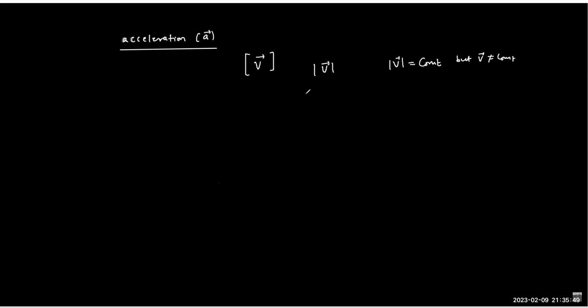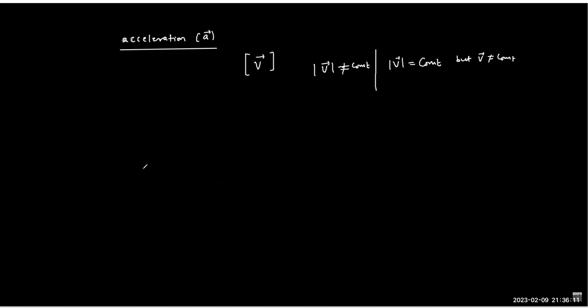And there's a case when mod of V is a variable. When the modulus itself is variable, it will lead to some sort of acceleration, which we have a particular name for, called tangential acceleration.